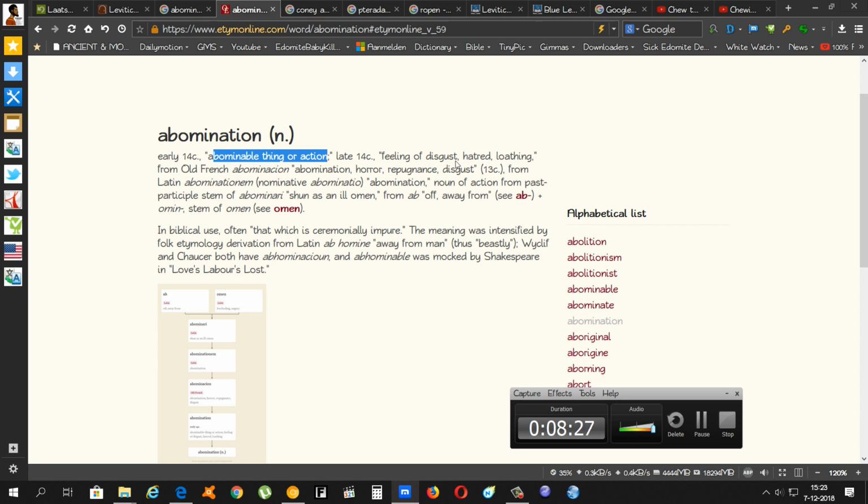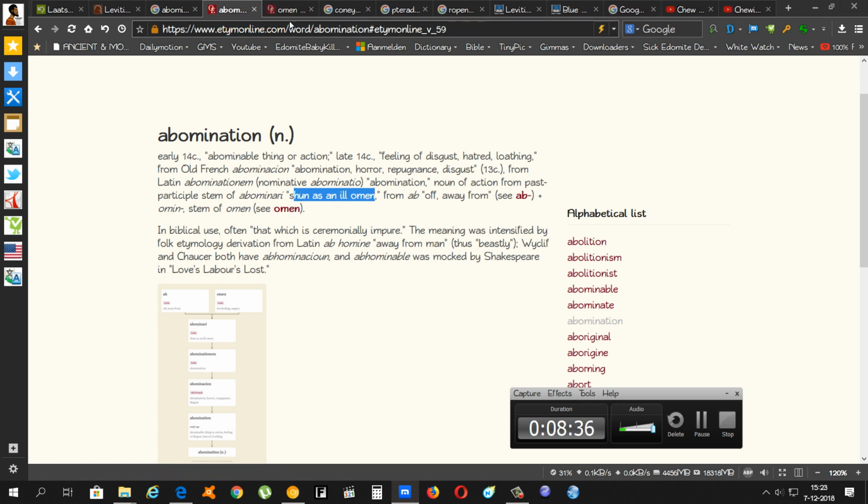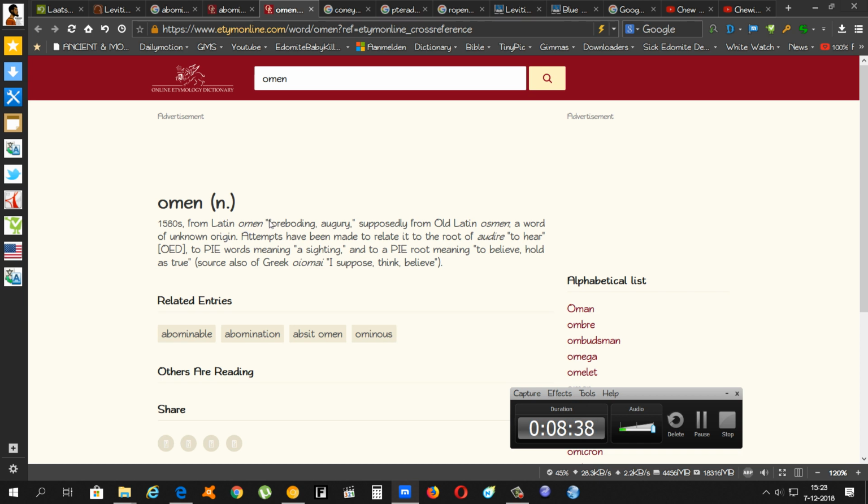Feeling of disgust, hatred, loathing. This also goes back, shung as an ill omen. And an omen is something like this. Omen, from the Latin foreboding, which is in the Dutch verboden, which means forbidden.